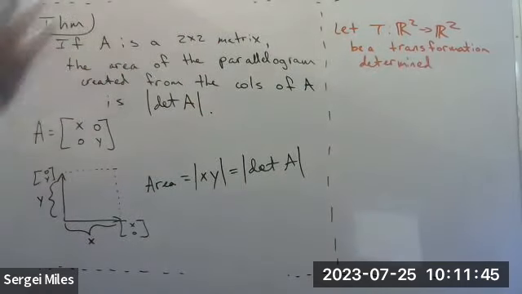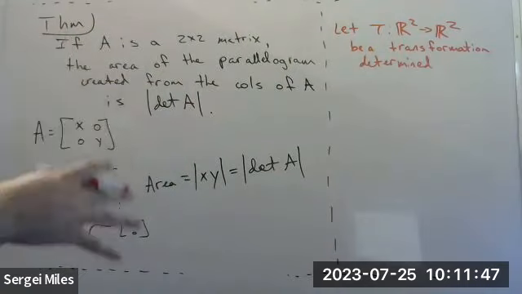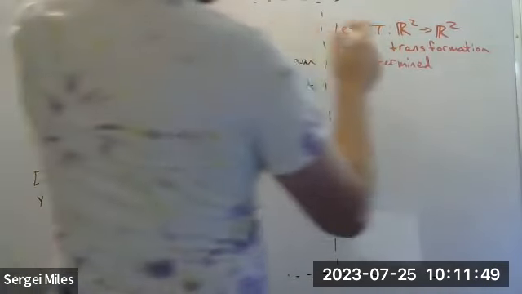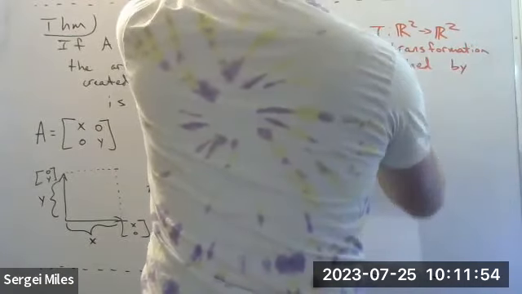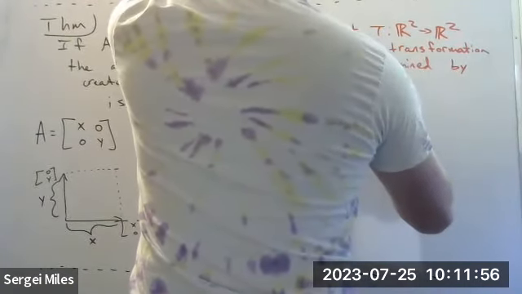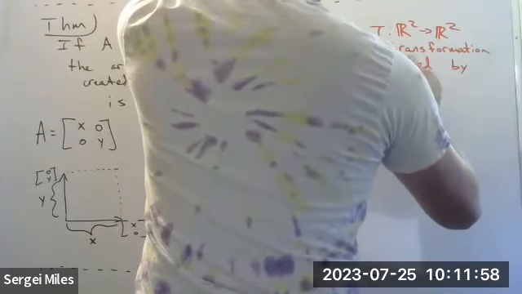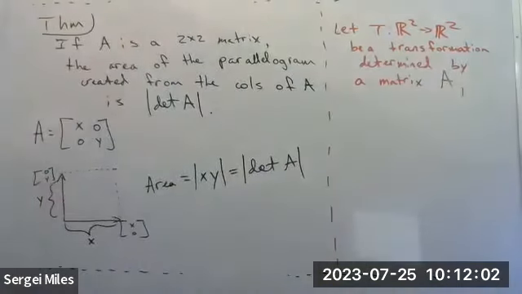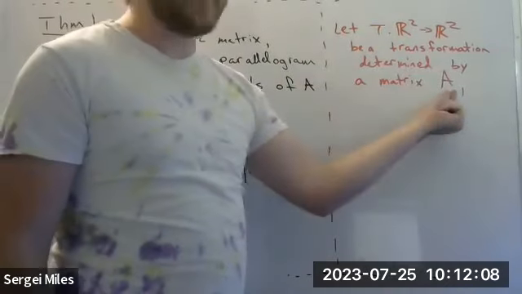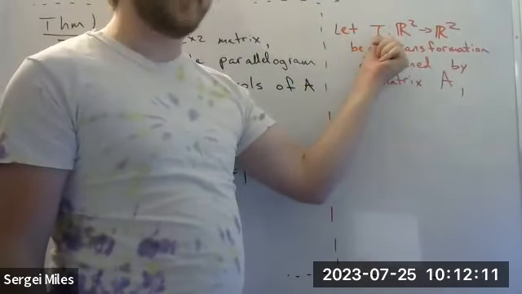What I'm about to write is a different matrix A, right? Again, what is this matrix A? It's not this matrix A. It's not this matrix A. This is just some other standard matrix that's being used by the transformation, right?